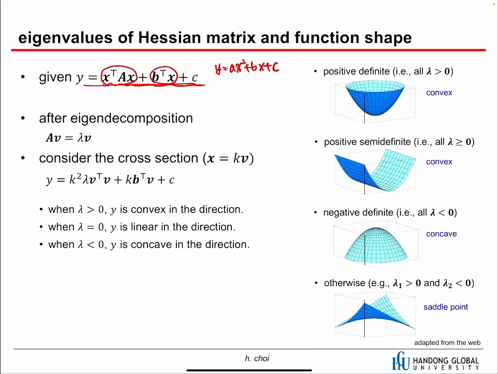And with this equation, you have a lot of information. When a is positive, then this function looks like this. And when a is negative, then the function looks like this. And when a is 0, then the equation is just a simple linear equation, bx plus c, something like this or this.